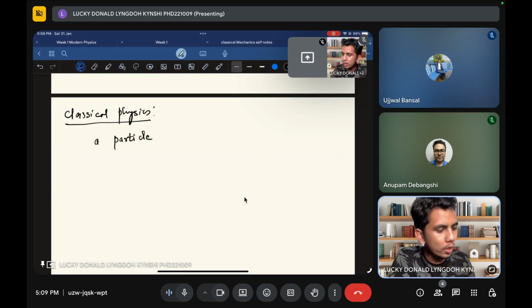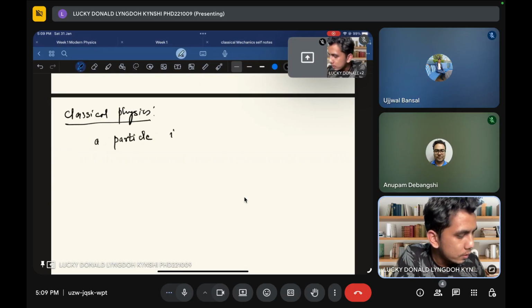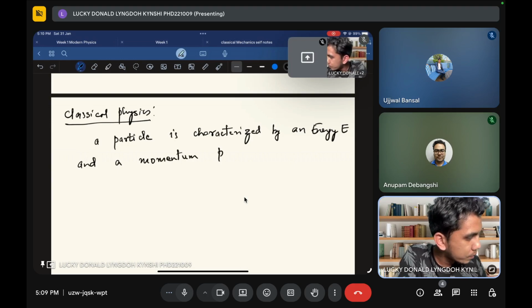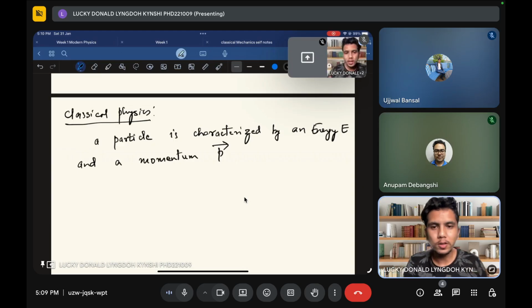Usually a particle is characterized by an energy E and a momentum P. Suppose I say let's consider a particle, then how do you characterize it? Usually you describe the energy of the particle, and also the momentum of the particle. That is one point.